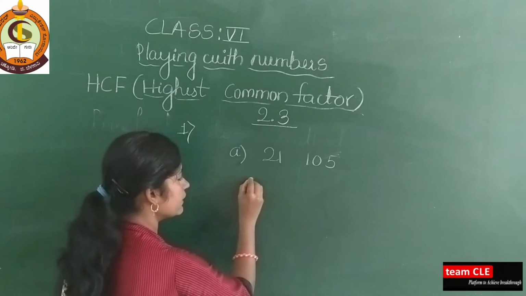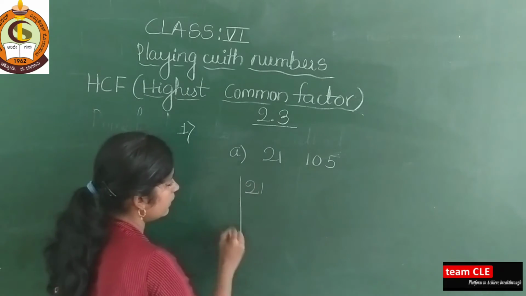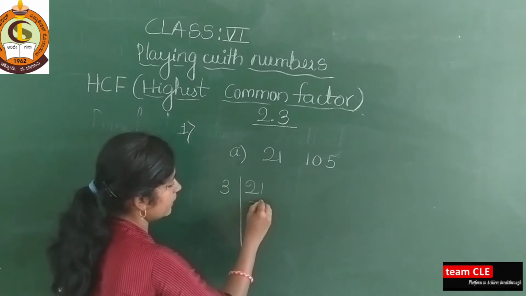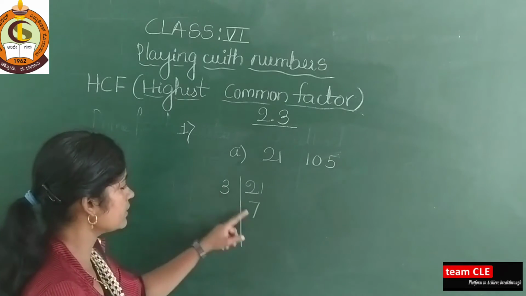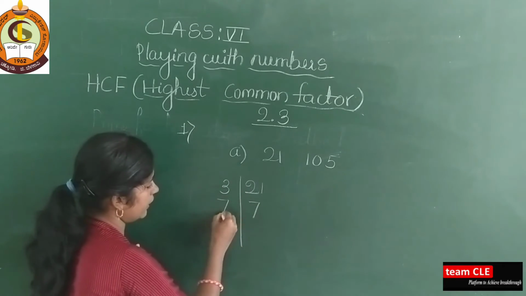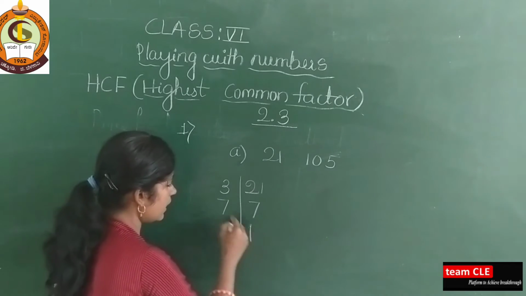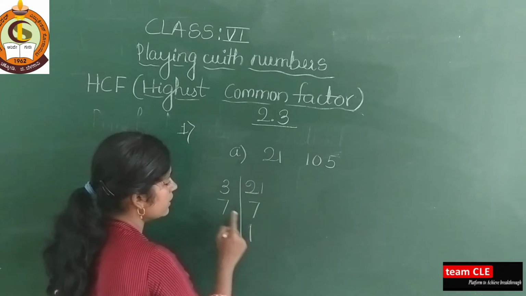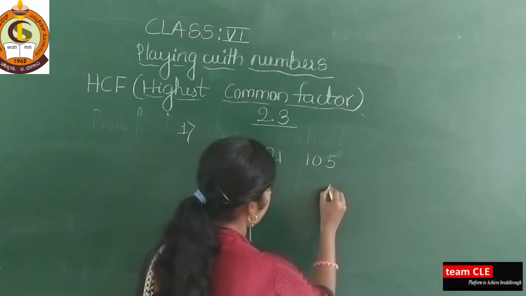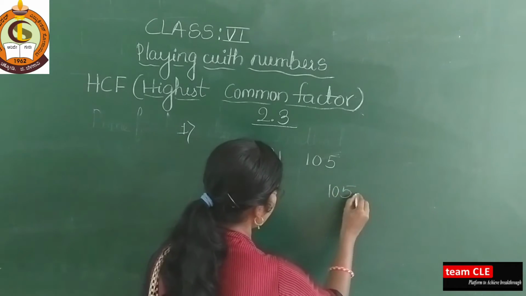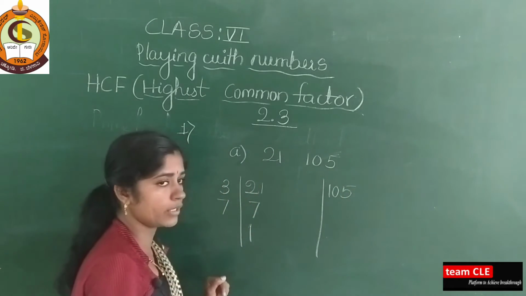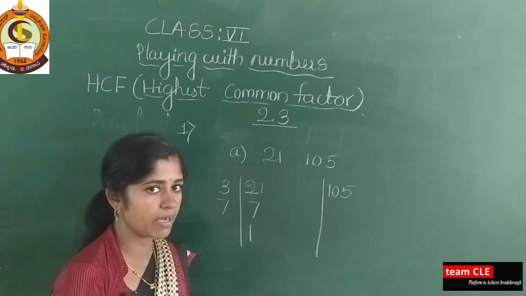So let us divide this number 21, and it is there in 3 ones table. 3 sevens are 21. Next again you take here 7 ones are 7. Again you take here 105. Again you check whether this number is divisible by which number.